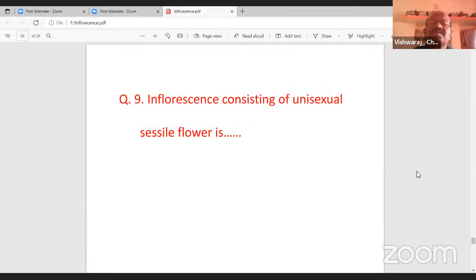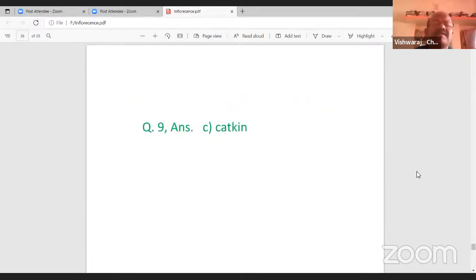Catkin inflorescence consists of unisexual sessile flowers. Okay, catkin.